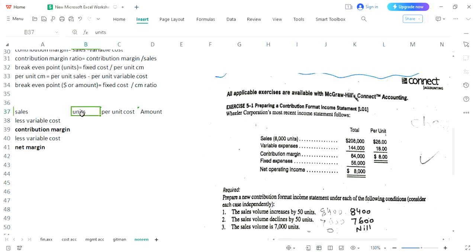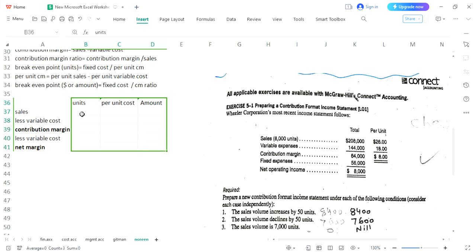You will use units, per unit and amount, and as you know, there is nothing new over here. Everything we have already discussed in several of our chapters. So I'm very hopeful you are well familiar with these headings. I'm just arranging it according to our requirement, and nothing has been altered.